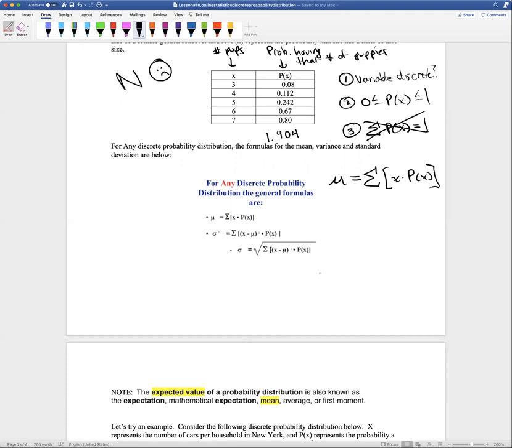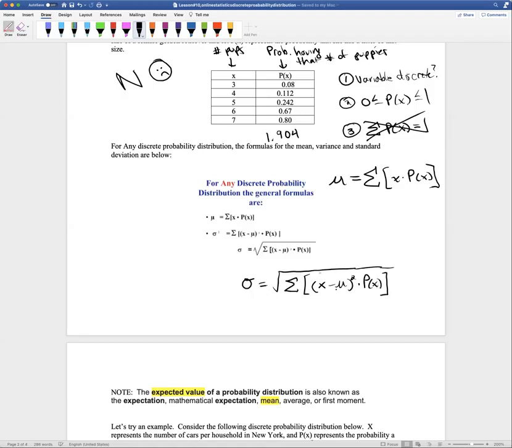So we also have formulas for standard deviation. The formula for standard deviation is the square root of, and we're familiar with that square root because we used it for standard deviations at the beginning of the semester when we were finding the standard deviation of a data set, not of a discrete probability distribution, but of a data set, times the sum of X minus mu quantity squared times P of X. Okay, so what does that mean?